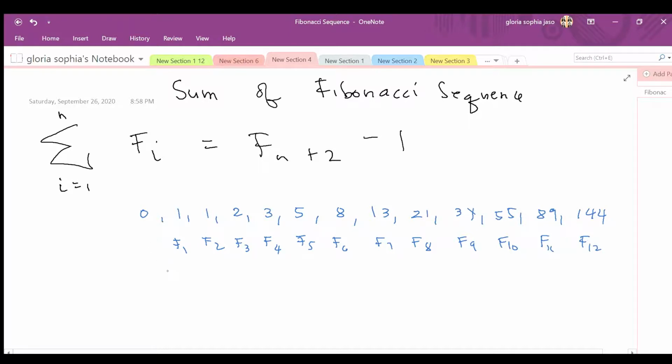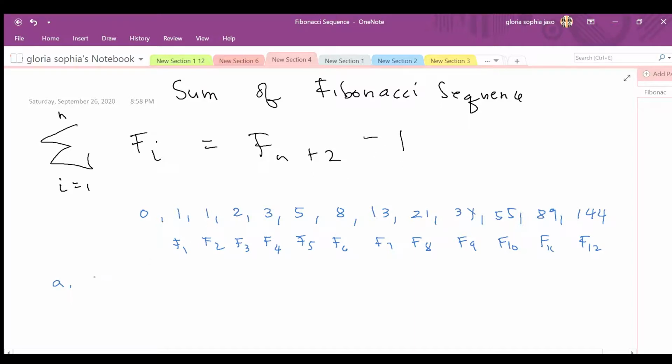Okay, so if we will find the sum, class, for example. So this formula, summation of f sub i from 1 to n, we will use this, and that is equal to f sub n plus 2 minus 1.